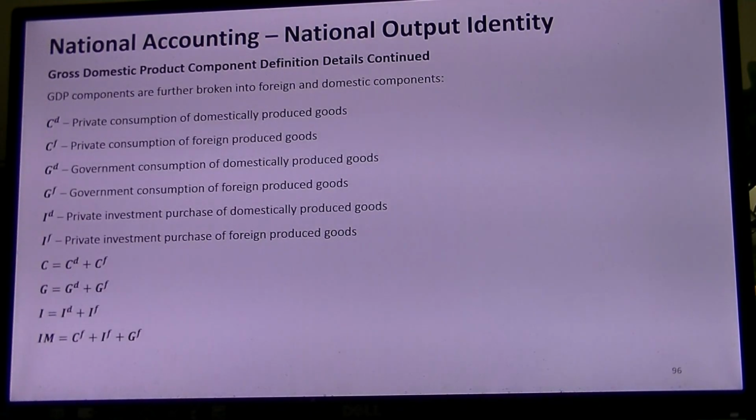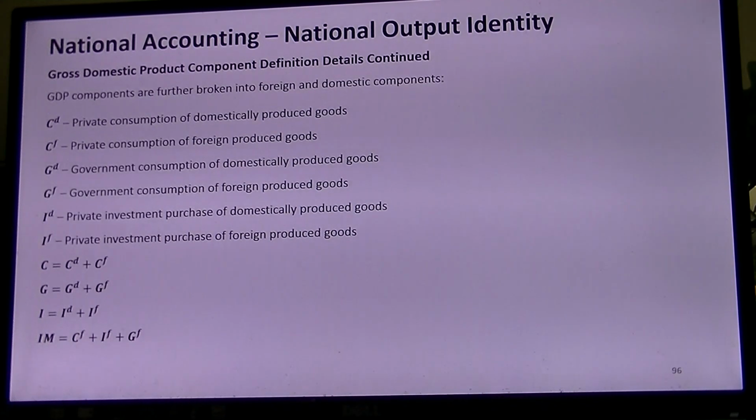And then all these GDP components are broken into foreign and domestic components. So that's private consumption of domestically produced goods and private consumption of foreign produced goods. That's CD and CF. GD and GF, that's domestic and foreign for government, and domestic and foreign purchases of private investment.